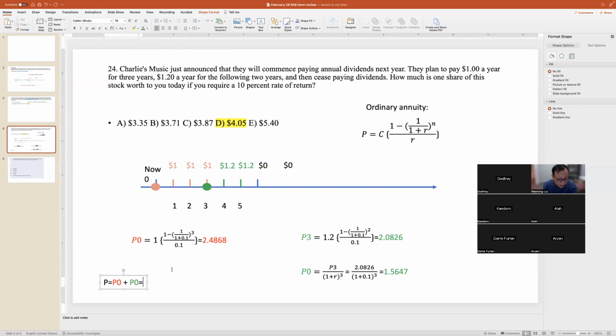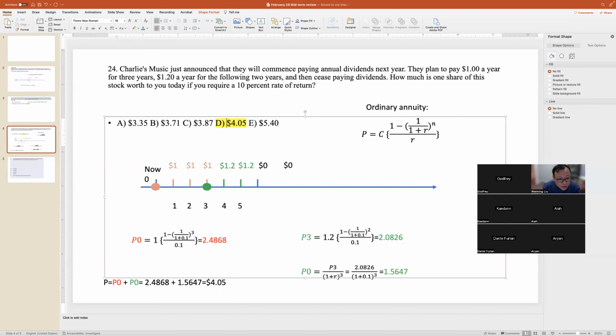So when I add them up, 2.4868 plus 1.5647 equals 4.05. So the answer is D. The answer we choose is D, 4.05.